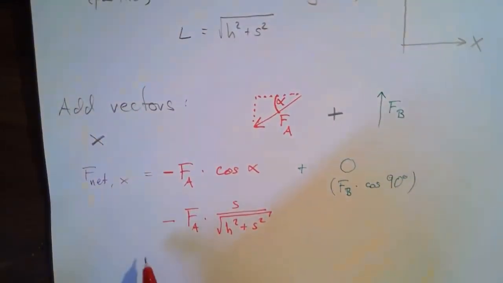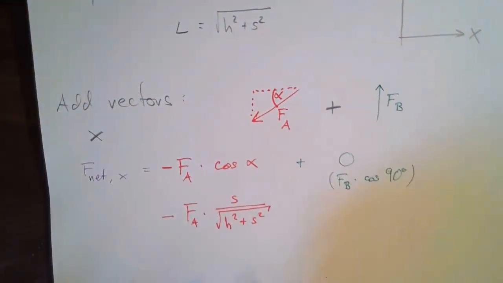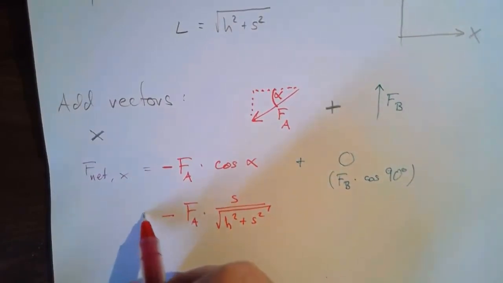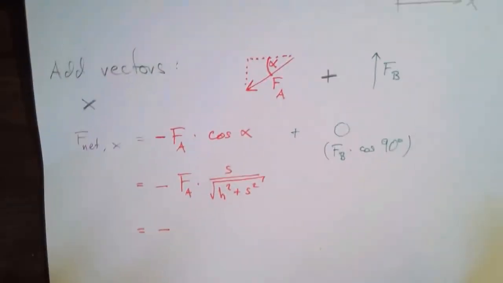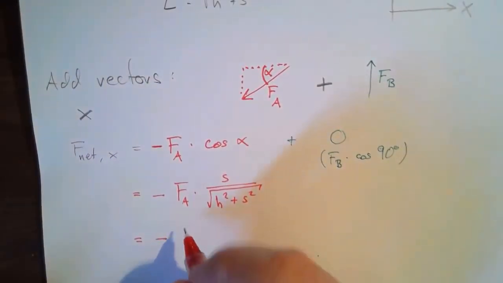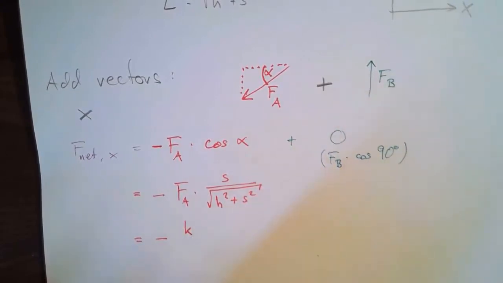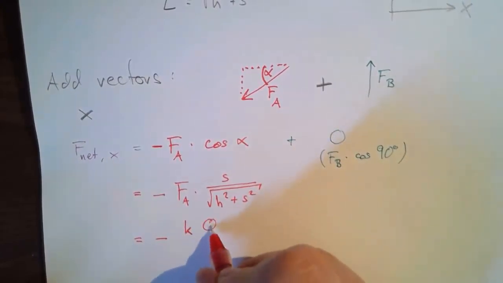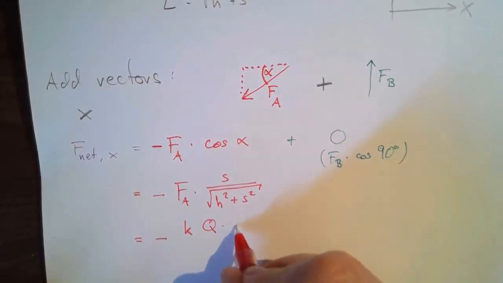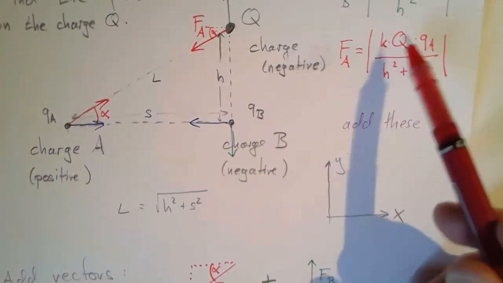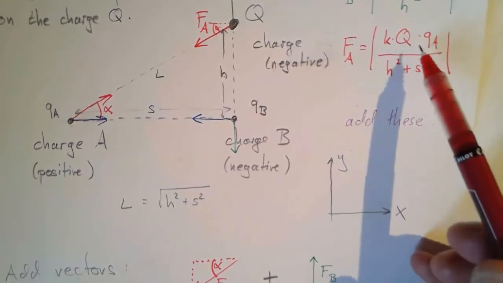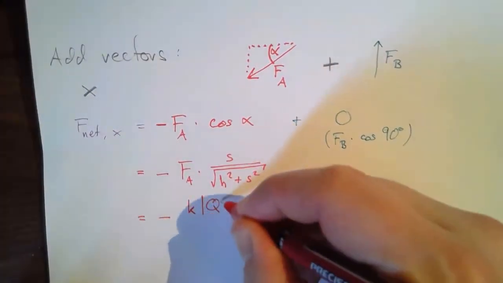So I can then write that the force in the x direction is going to be minus k Q times QA. Now, beforehand I just put the absolute value around the whole thing, but the only thing that could be negative in here is the Q or the QA. So I can just write it like this as well.